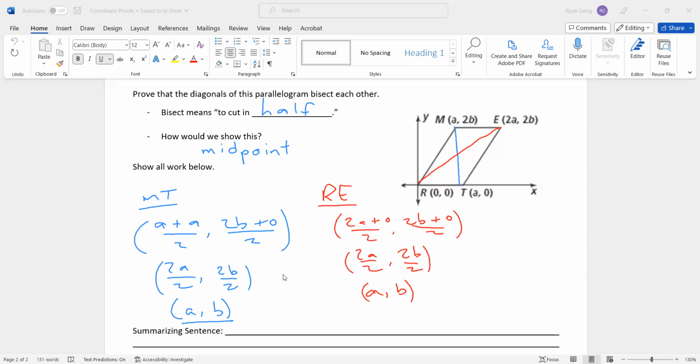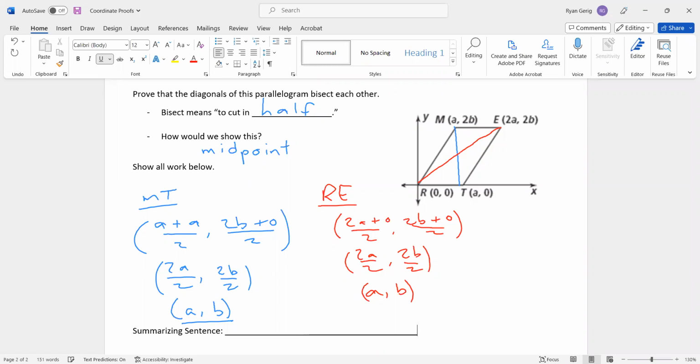So what I'm going to do is I'm going to type this actually. So you want to summarize what you've just said. Since the midpoints of both diagonals are the same, that means the diagonals bisect each other.